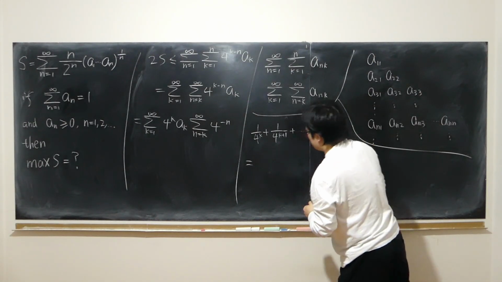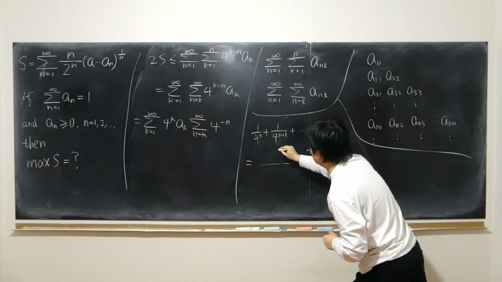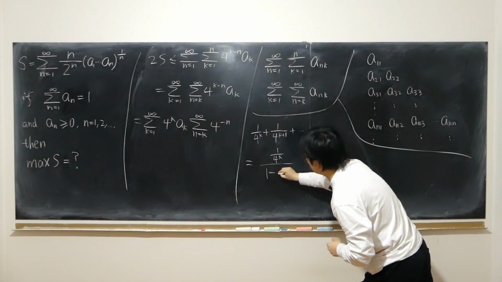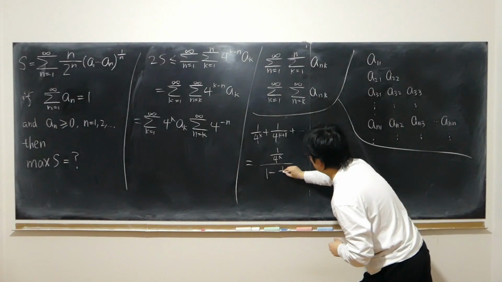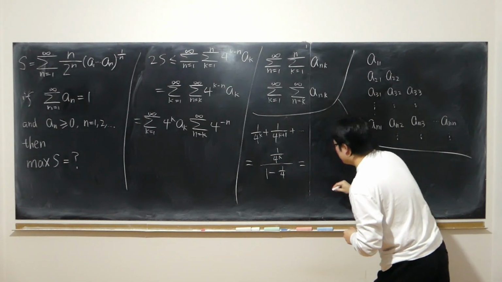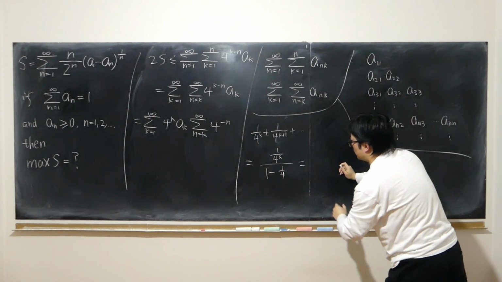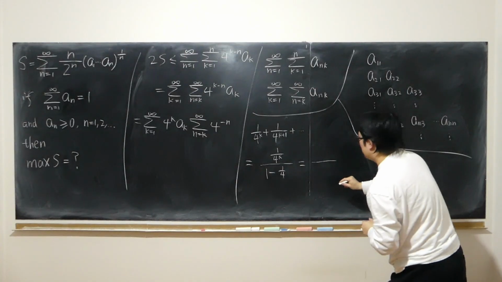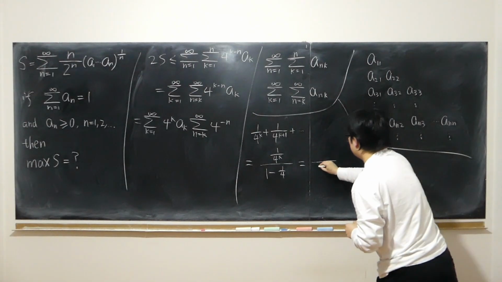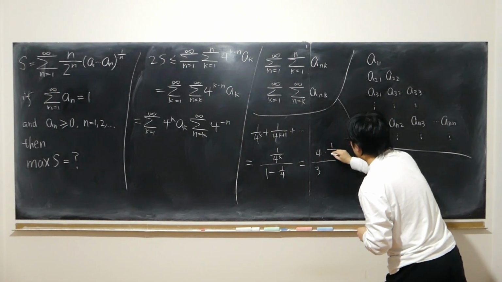Then first, there's a formula. All right, first term, 1 over 4 to the power of k, over 1 minus the common ratio, that is 1 over 4. Right? So that is 3 over 4, right, times 4 over 3, times 1 over 4 to k.